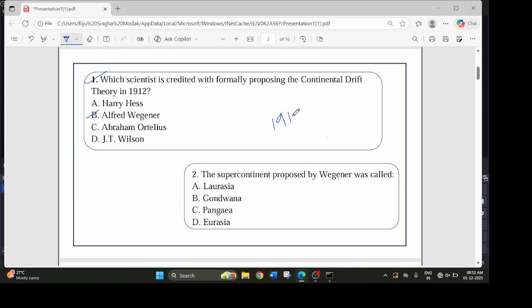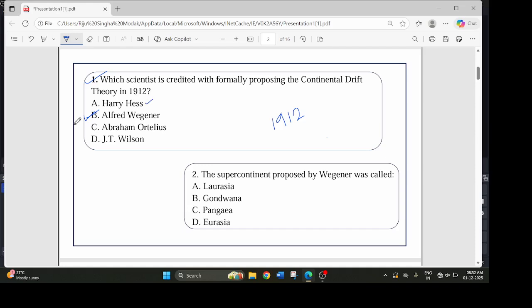He published a book, The Origin of Continents and Oceans, in 1915. So the correct answer is Alfred Wegener. Harry Hess proposed seafloor spreading in 1960.